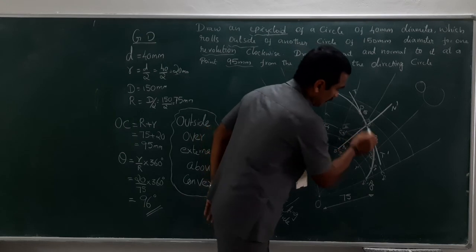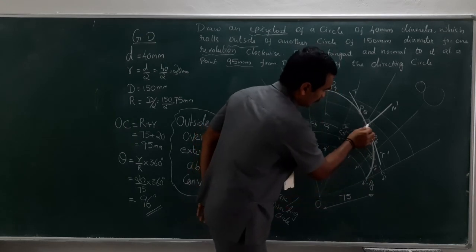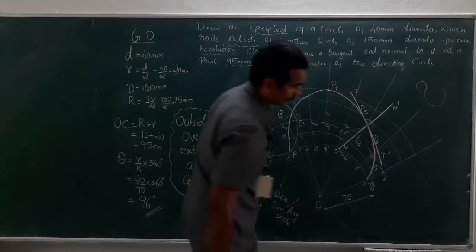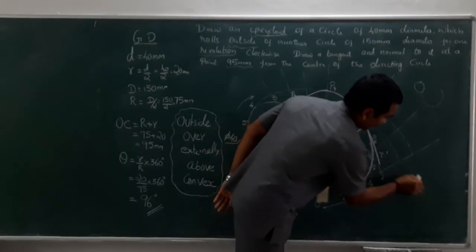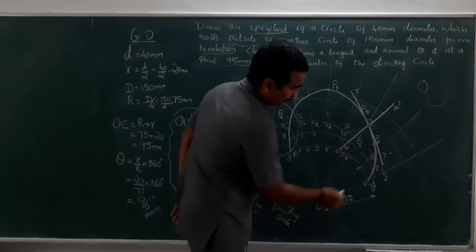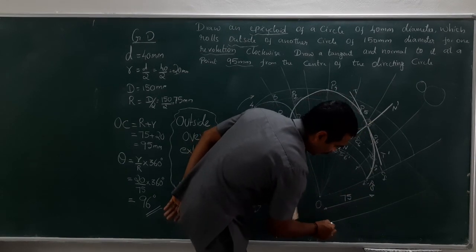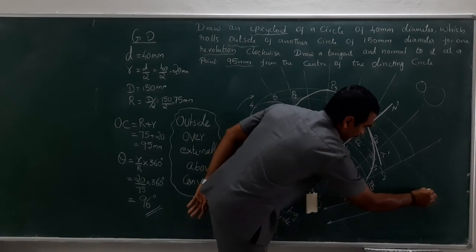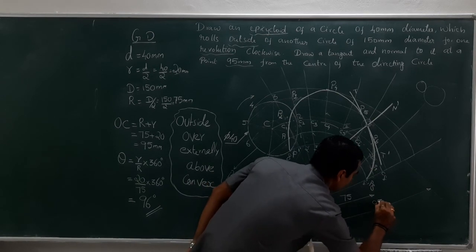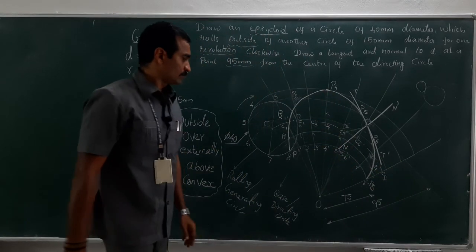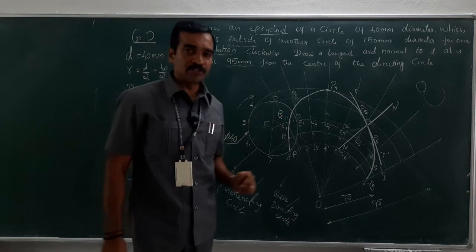Now, from here, draw a perpendicular line to this. Now, parallel to this, this could be 95 mm, isn't it? This could be 95 mm. I have completed the dimensioning.